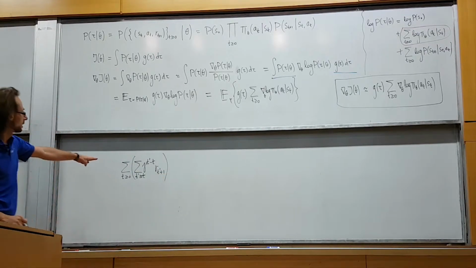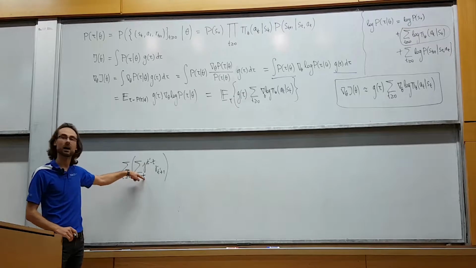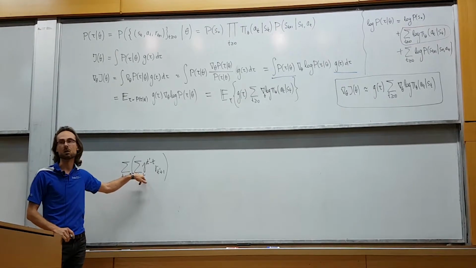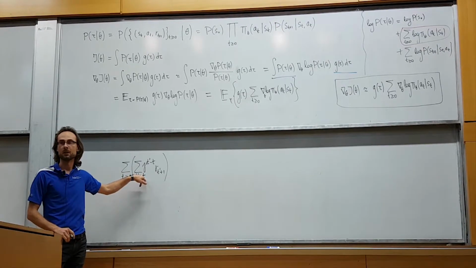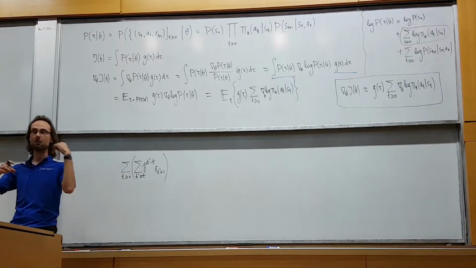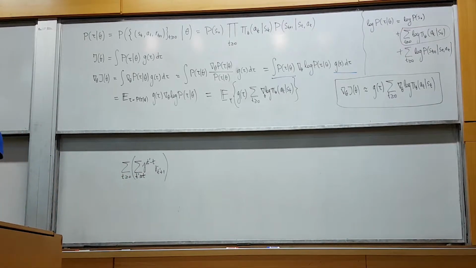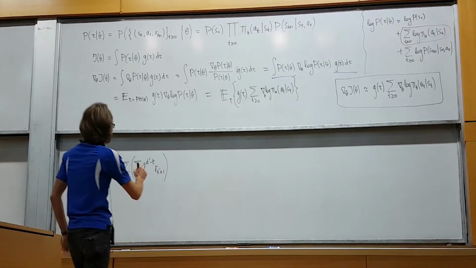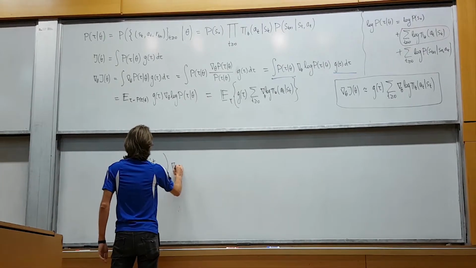Initially I just started unconditionally from t equals 0. This counts only the returns that I will be receiving from this time forward in time. And of course I'm multiplying this by the gradient.